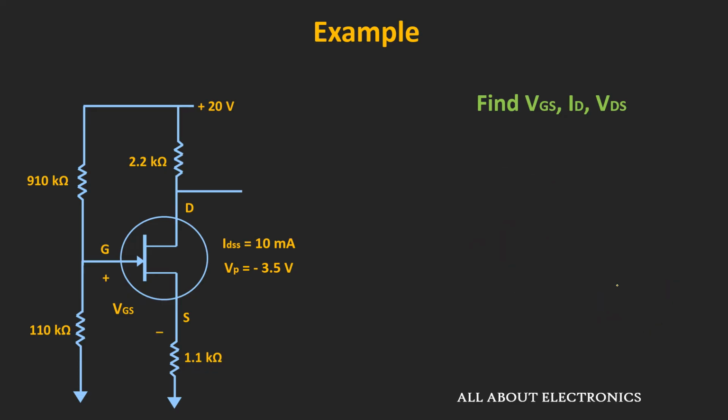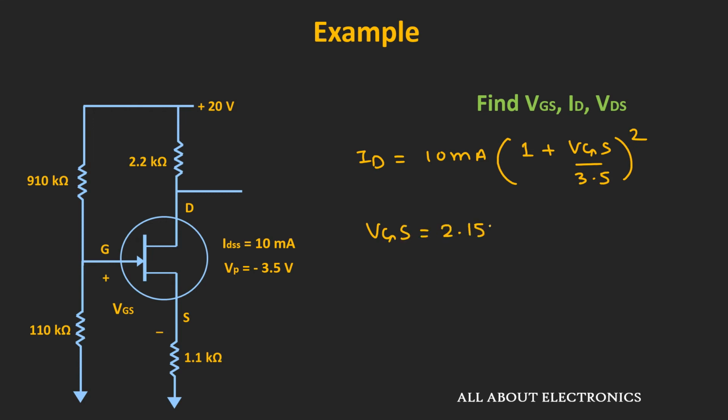Or we can say that this drain current ID is equal to 10 milliampere times (1 plus VGS divided by 3.5 volt) whole square. Now in this expression, let us put the value of VGS, and as we have seen, this VGS is equal to 2.157 minus ID times 1100.